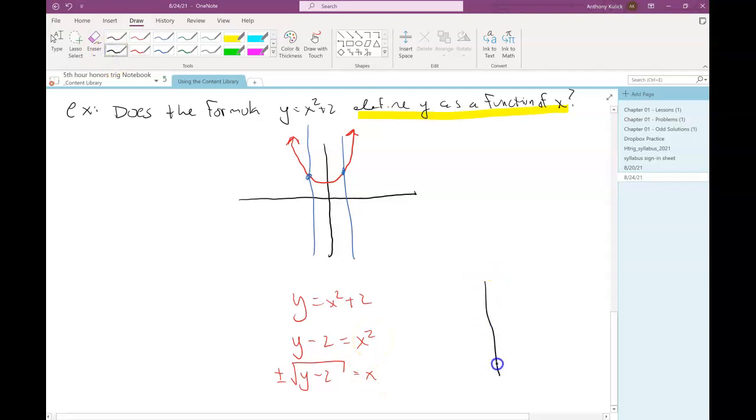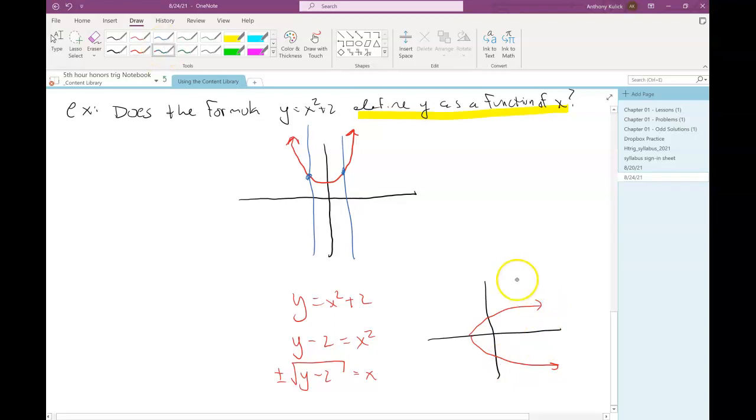And if you were to attempt to graph this, what you'd end up with is something that looks like this. Okay, and that would not be a function.